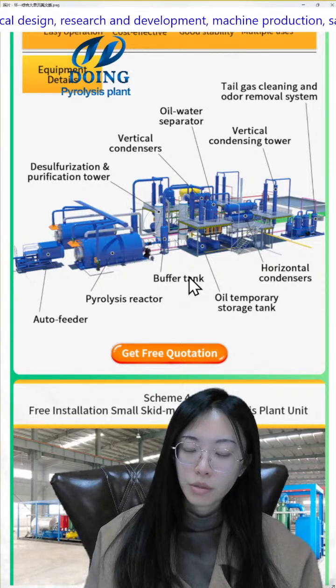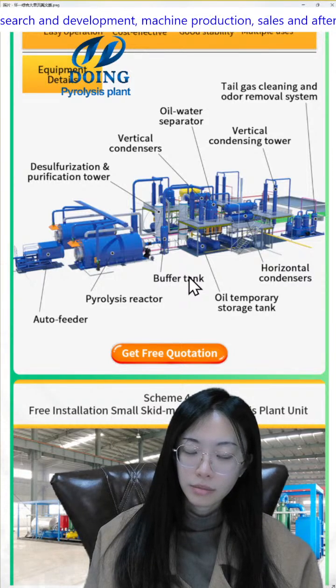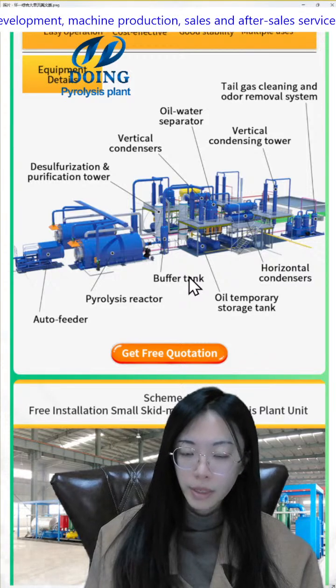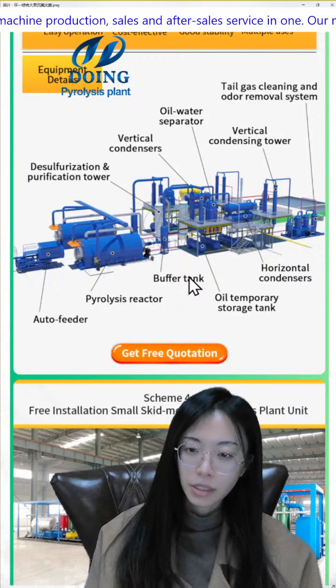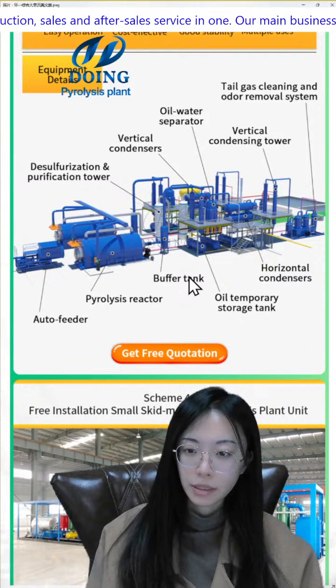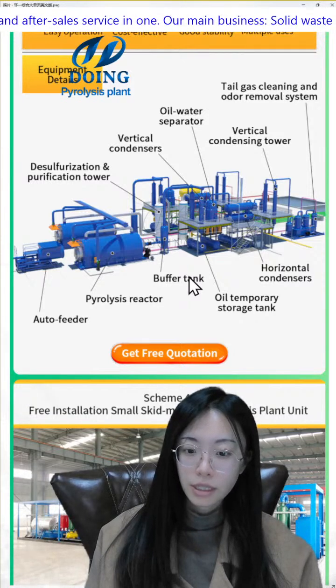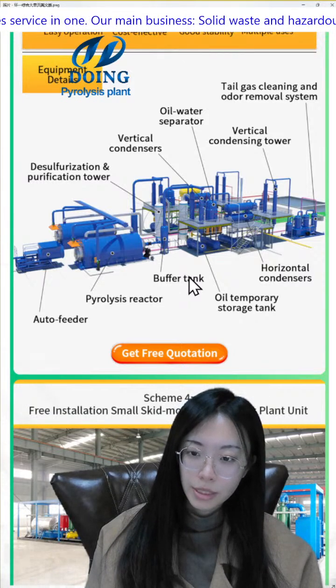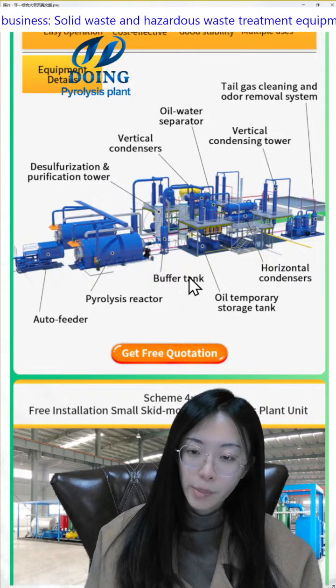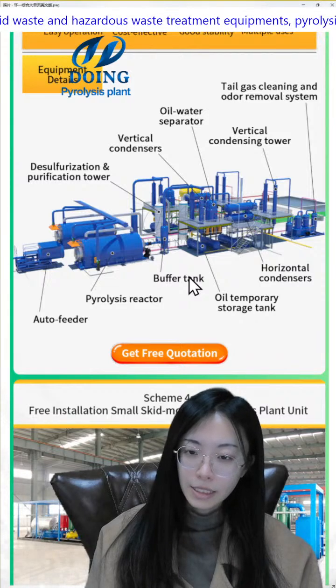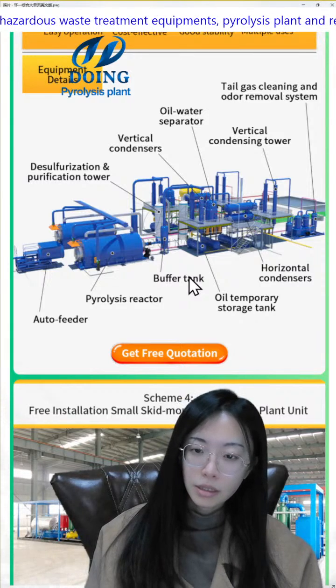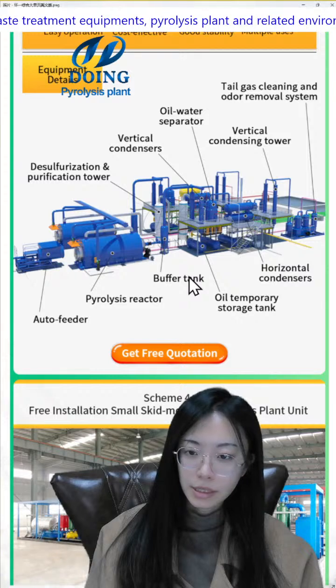If you want to put in the whole tire or mixed plastic, you can use this batch type pyrolysis plant. The fully continuous and semi-continuous ones need a pre-process to turn them into rubber powder or plastic particles, but the batch type doesn't need this step.